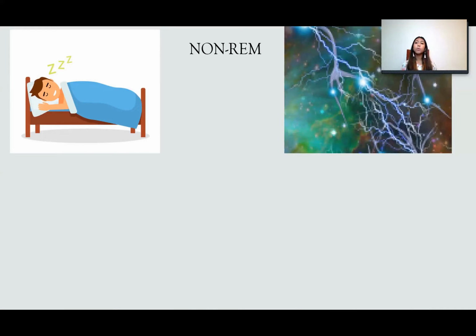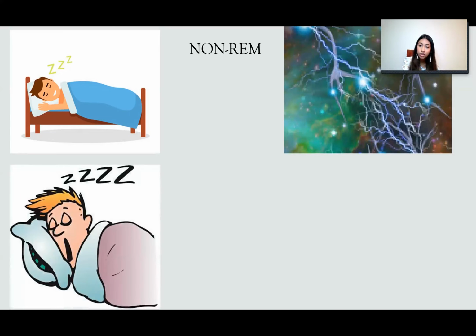This is what people mean when they say, why don't you just sleep on something and then make a decision? It's because when you wake up, you might have more clarity on a certain issue or situation because your brain has had time to process it while it was asleep. So this is why stage 2 is so important.